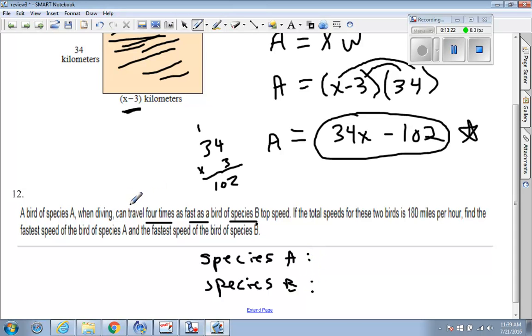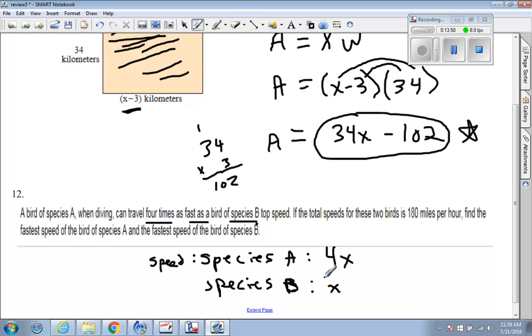Okay, species A goes 4 times as fast as B. Well, how do you say that? Well, you'd have to say 4x. How come? Because species B, we don't know how fast they're going, so they're x, whatever it is, and I'm just going to write here, speed. So the speed of species A is 4x. The speed of species B is x.